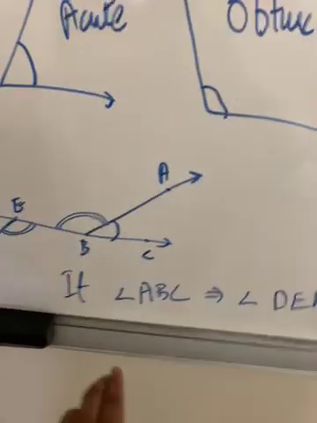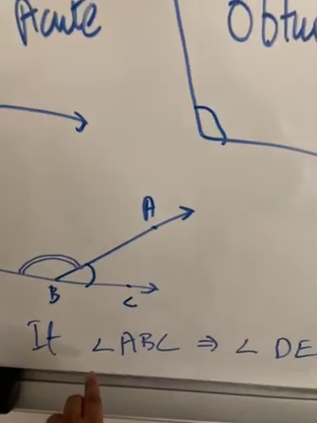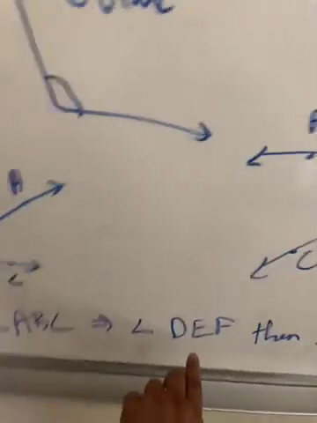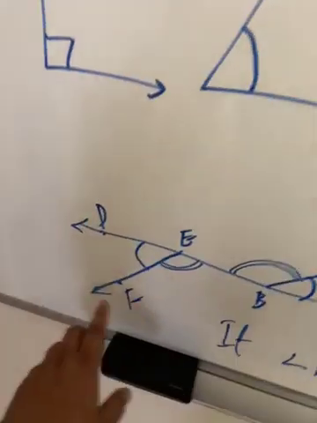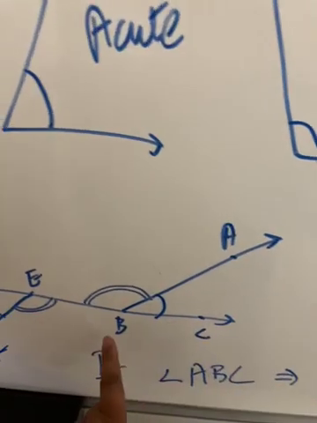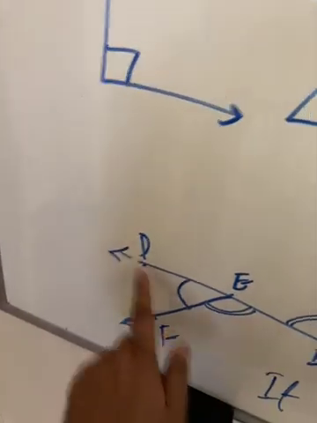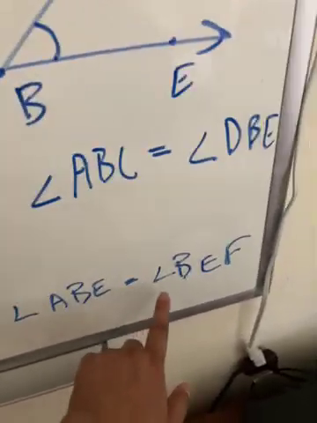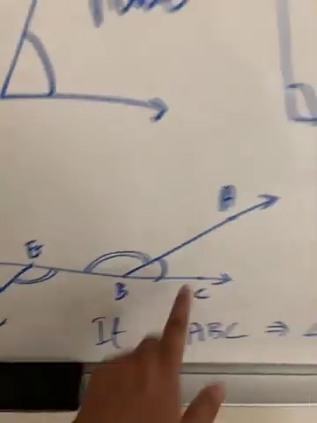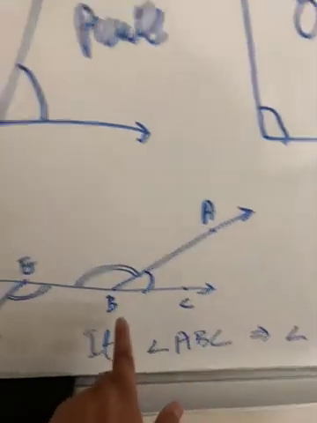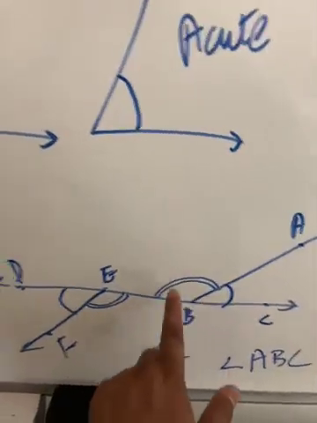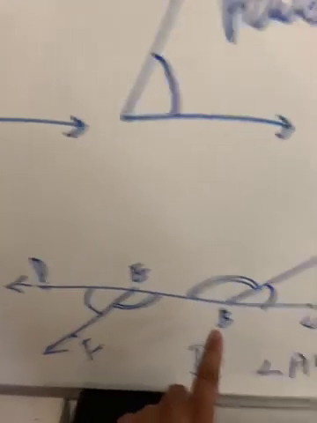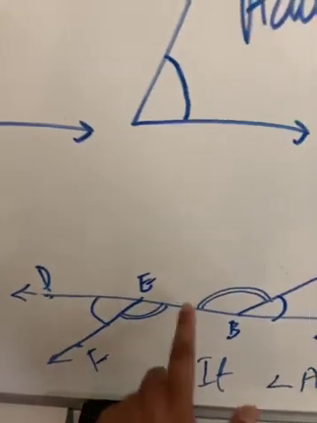So what can we deduce? We can deduce that if angle ABC equals angle DEF, then angle ABE will also be equal to angle BEF. Very simple.